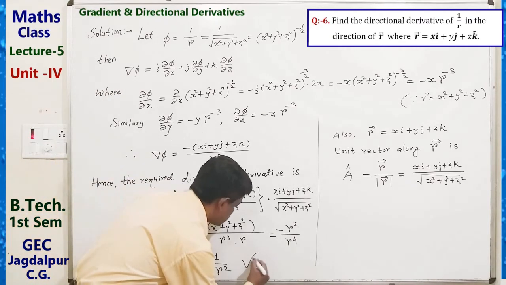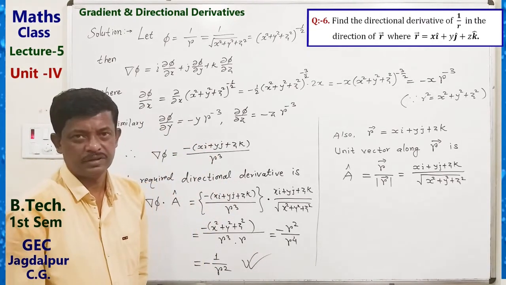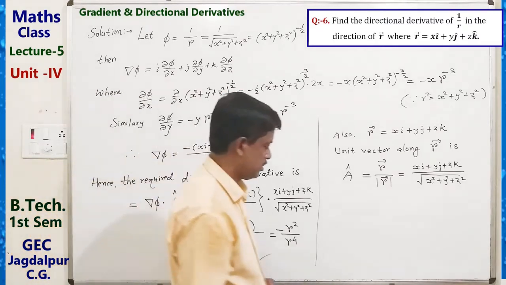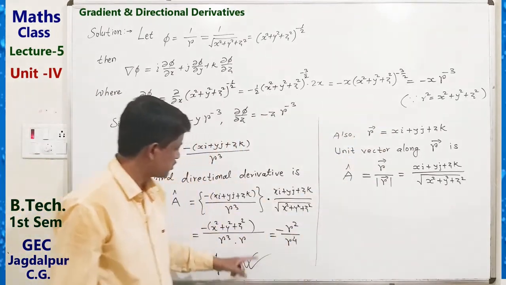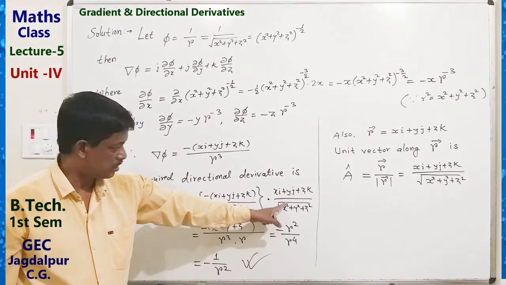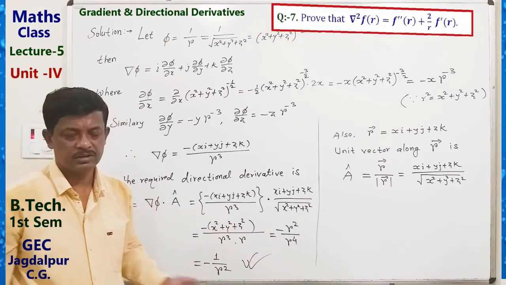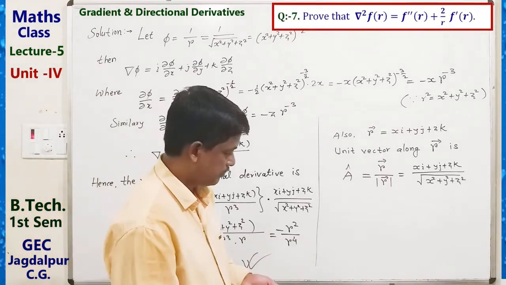So this is our required directional derivative: minus 1 upon r square. Here r square equals x square plus y square plus z square. R square, r cube, r power 4, r square cancels, 1 by r square. So this is the solution of this question.